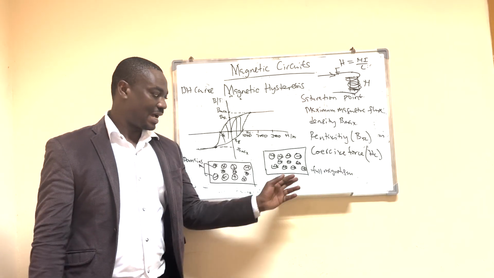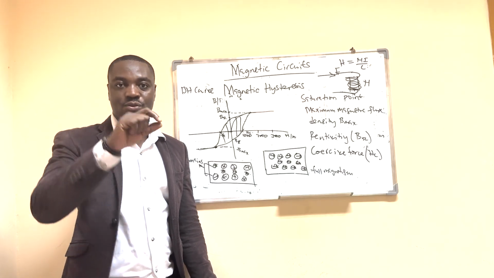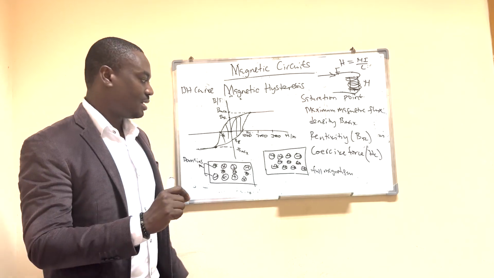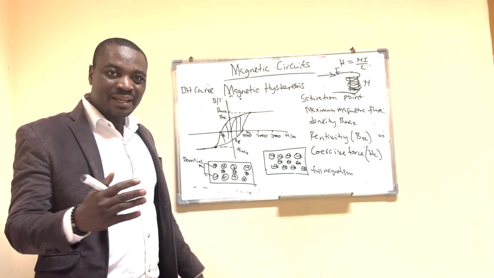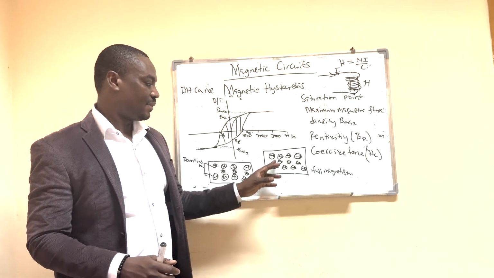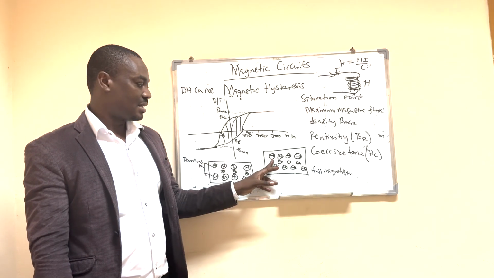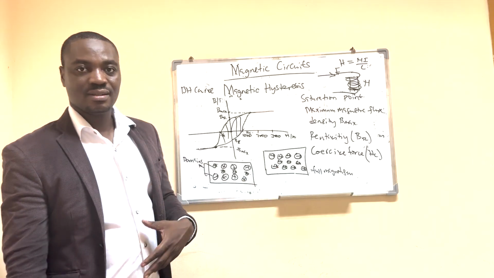So let's say I have a material of this nature, and we know that within each of these materials, we have magnetic domains, right? The directions of these magnetic domains tend to be disoriented.